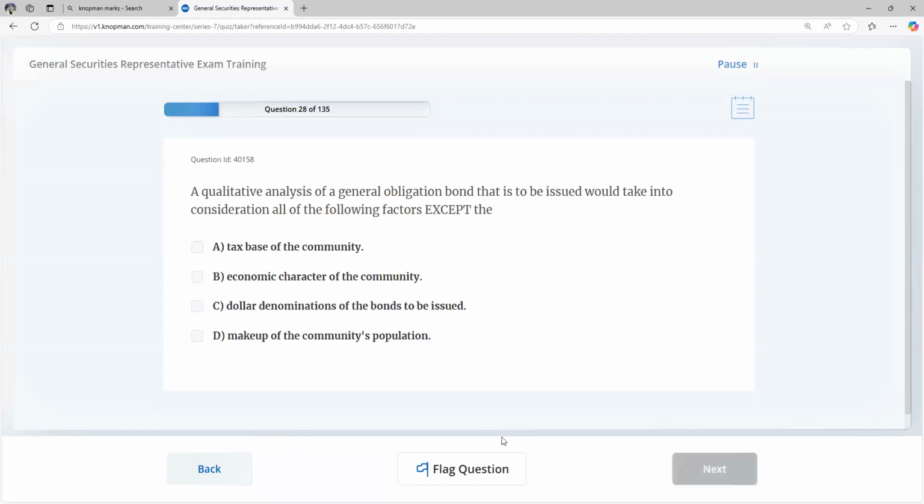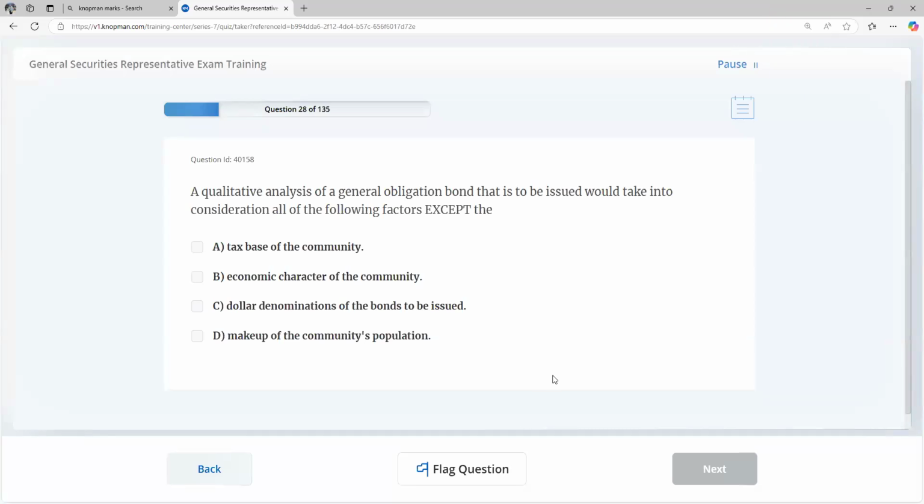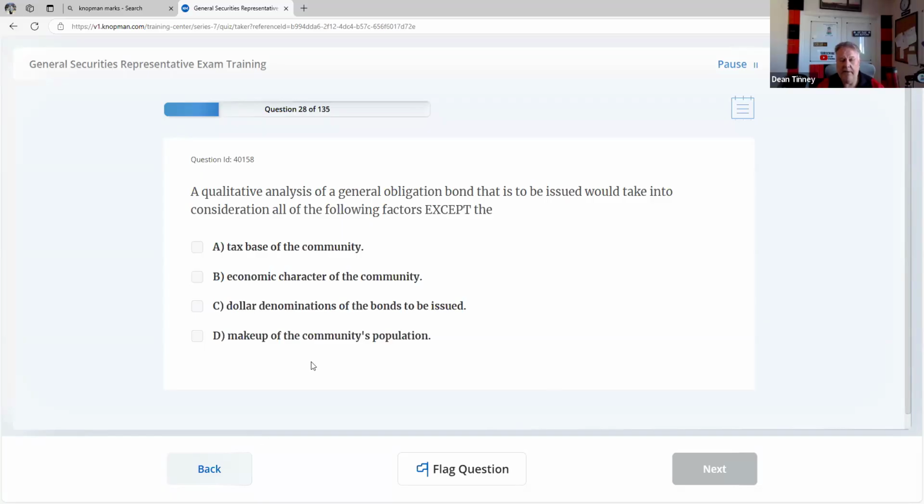Very testable. A qualitative analysis of a general obligation bond to be issued would take in all the following factors except... I feel like it's the economic character of the community, or D, but I don't think it's A or C, because they're asking what would be involved in qualitative analysis.